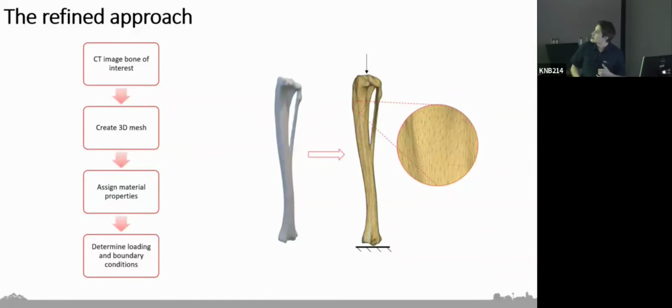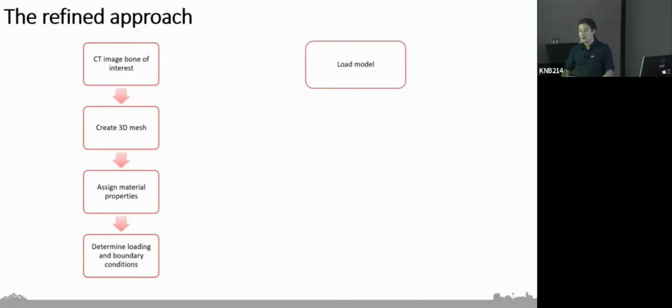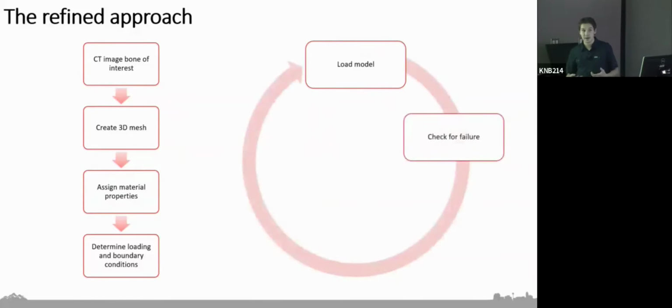But then we have a second part here where we take these FE models into Abaqus, and we use a combination of Python scripting and an FE simulation software like Abaqus to first actually apply the load to that model. We then go ahead and check if it's failed. So we're looking to see if the bone's broken at this point.